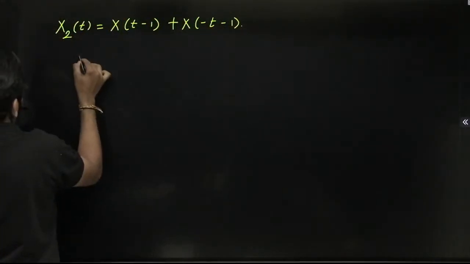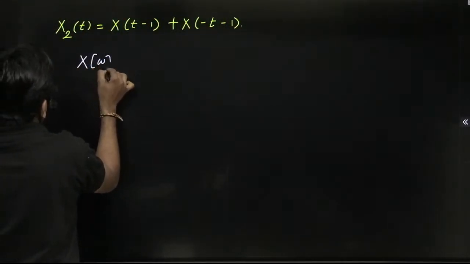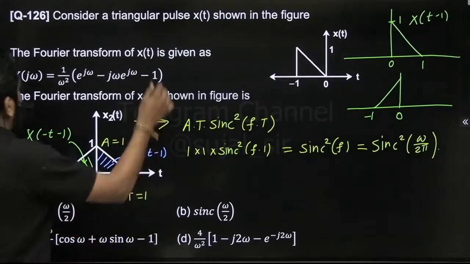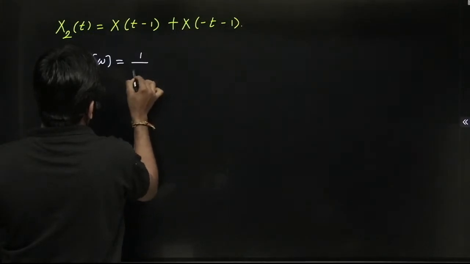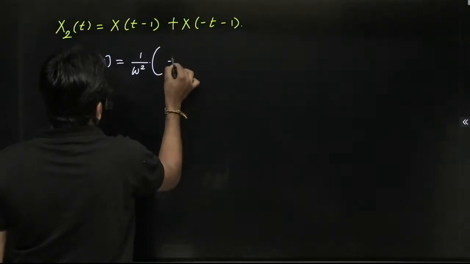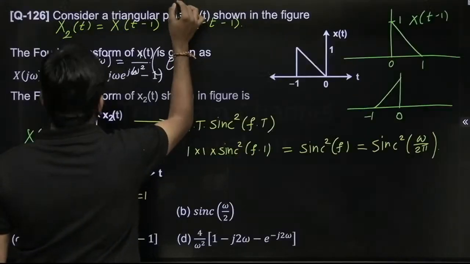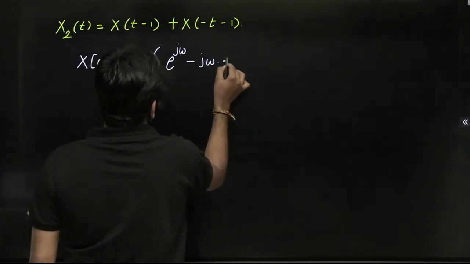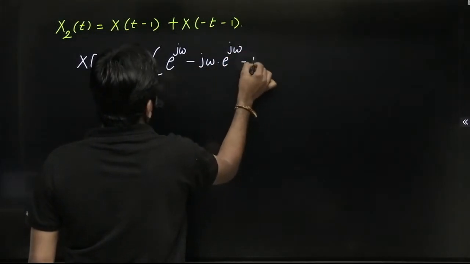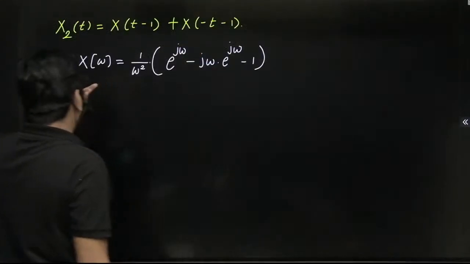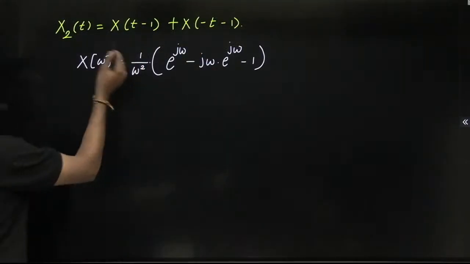Now x of omega is given: x of omega equals 1 upon omega square into the bracket e to the power j omega minus j omega e power j omega minus 1, correct? This is given. Now t minus 1, guys, so what is this?